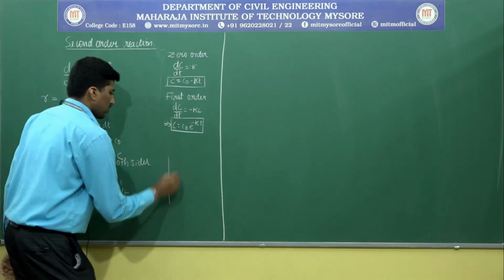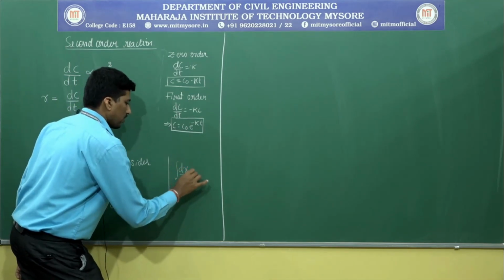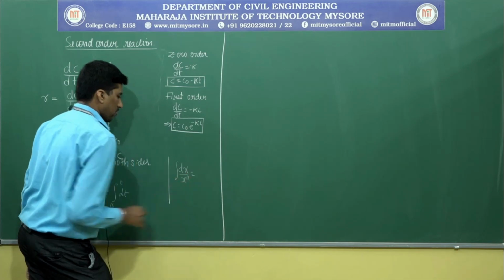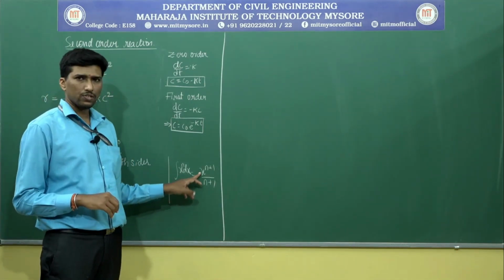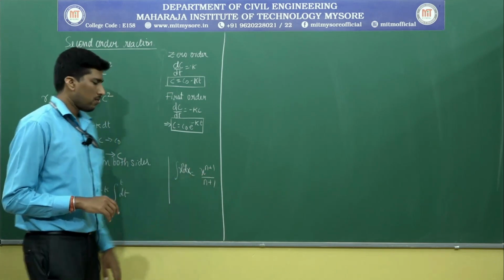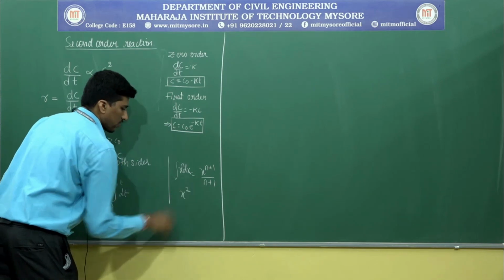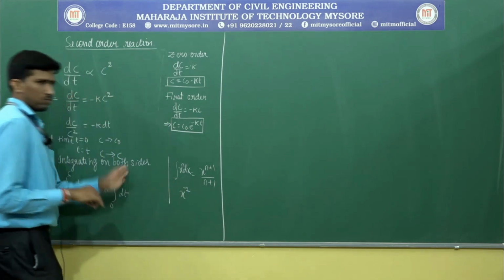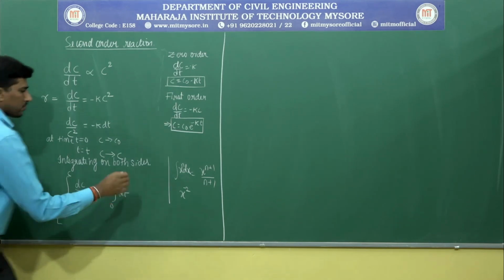For this equation, you know that the integral of x to the power of n into dx is x to the power of n plus 1 divided by n plus 1. Now, here it is in terms of x square, that is x to the power minus 2. Apply the same concept, which is simple in nature. Let us see what happens here.